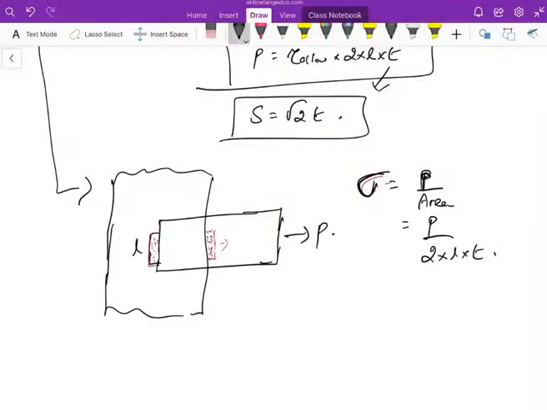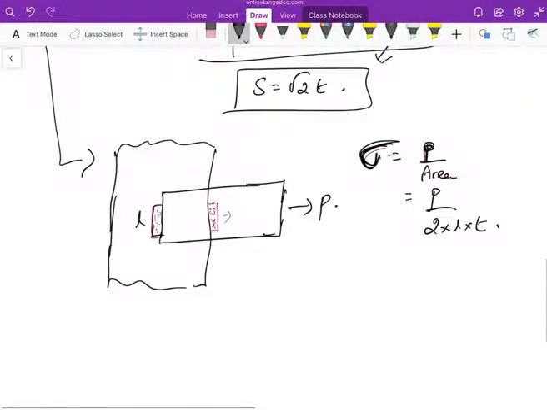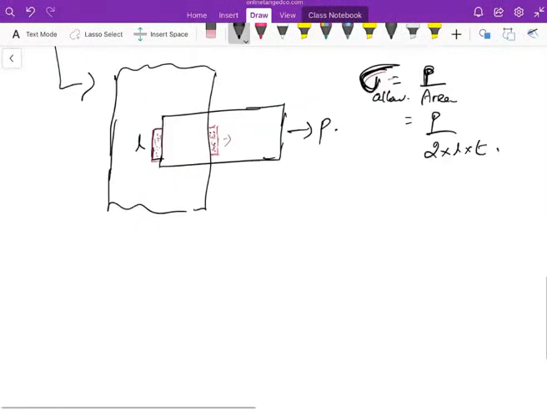But the basic difference is that earlier we used tau allowable, the maximum allowable shear stress. Here we have to use sigma allowable, the allowable normal stress. That's what you use for design calculation if it is a transverse fillet weld.